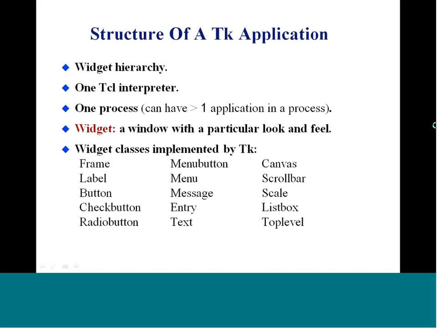The classes implemented with TK are frame, label, button, check button, radio button, menu button, menu, message, entry, text, canvas, scroll bar, scale, list box, and top level. The widgets can be nested because you have a top level widget that you can specify.